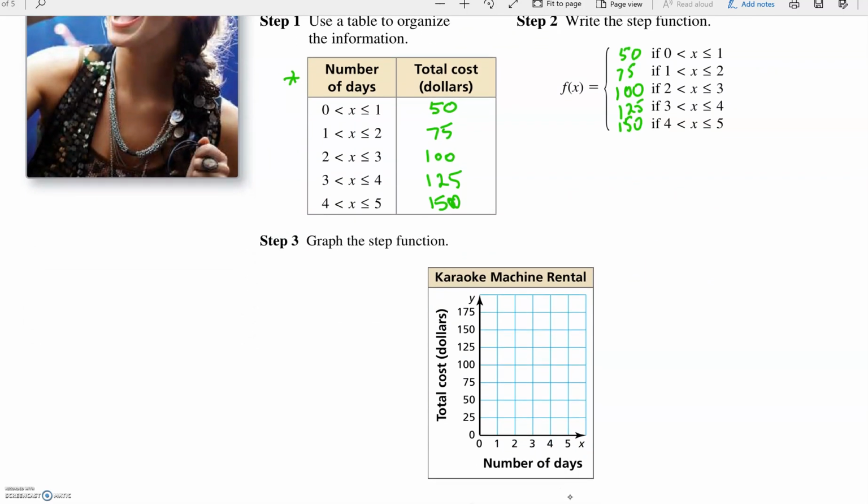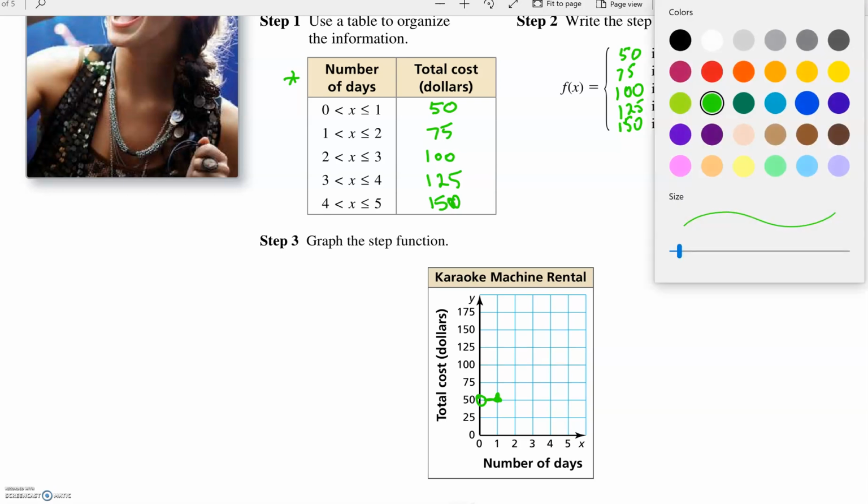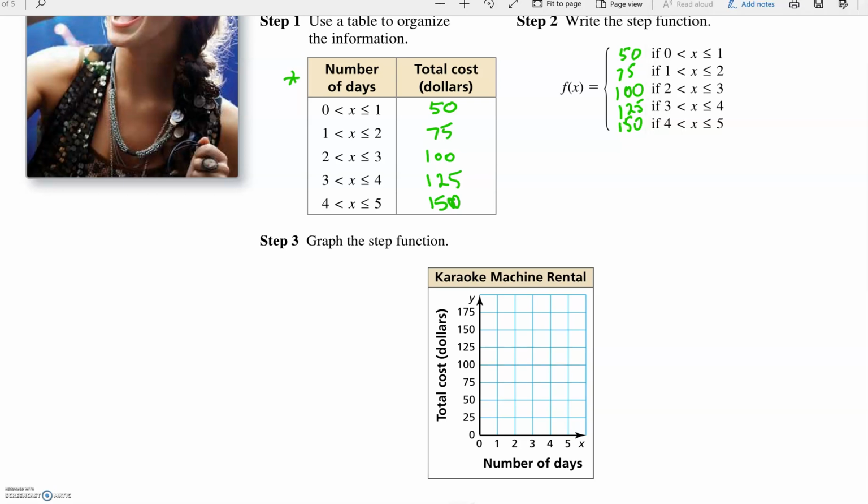So for our graph, we're going to start at 50, but we're going to leave an open circle on this left end because x is greater than 0. And then we're going to do a closed one on the right this time. Okay, I'm going to change colors, make that a little darker. I think we'll do this in purple.